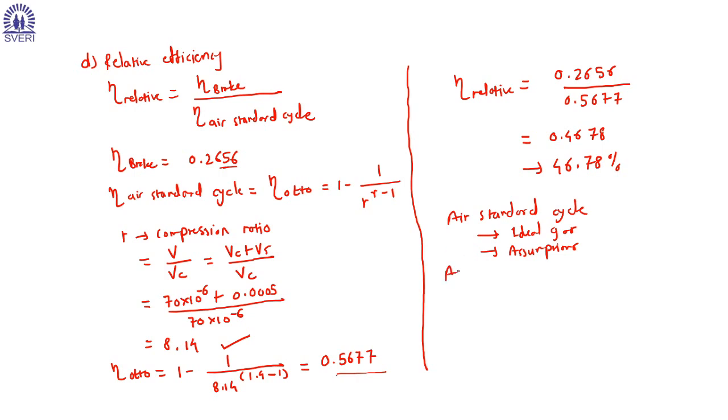But the actual cycle is based on the fuel air cycle. So the working medium is fuel plus air, and some losses are considered. Losses may be time losses, exhaust blowdown losses, pumping losses, and other losses. So that's why there is a difference between the efficiencies.